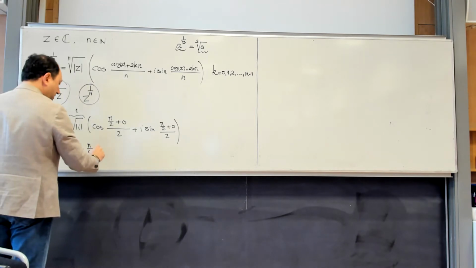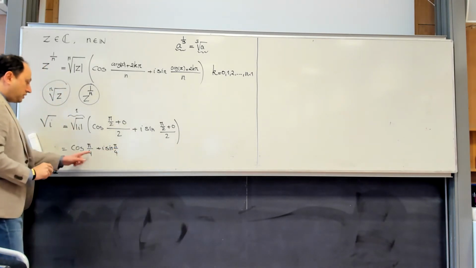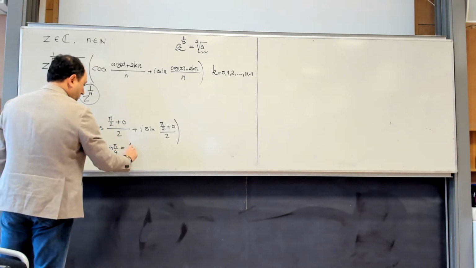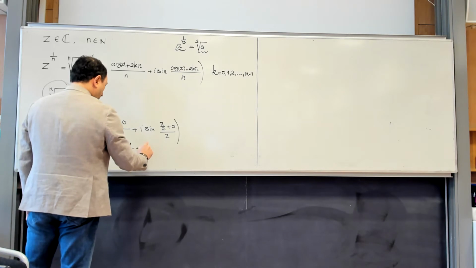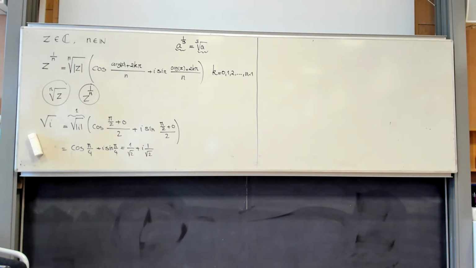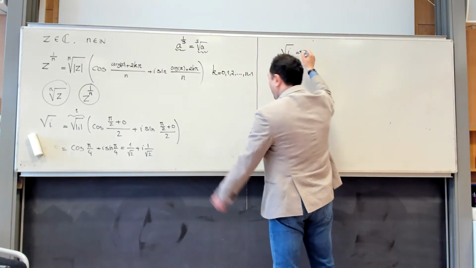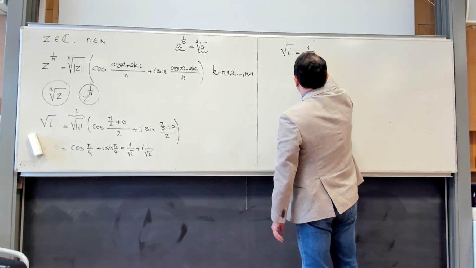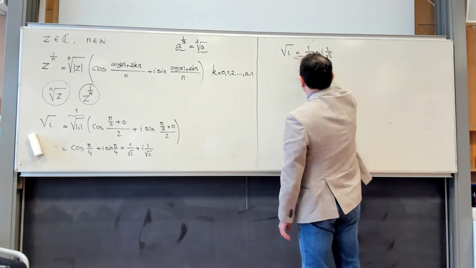And then plus i sine pi over 4. And then cosine pi over 4 is a famous number. So it's 1 over square root of 2. And then plus i 1 over square root of 2. So this is interesting. If you calculate the square root of i, this is a little bit odd calculation, so you might not be able to guess it out of the blue. So this is the answer.